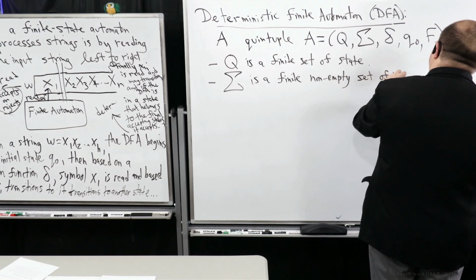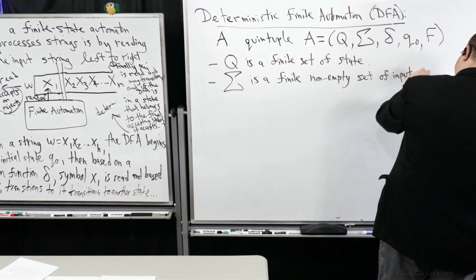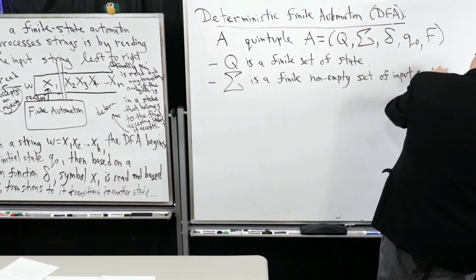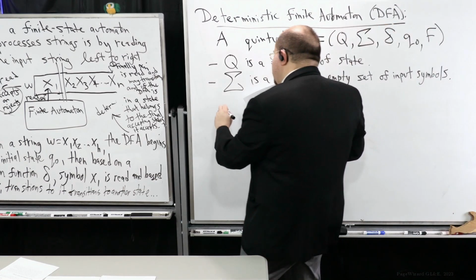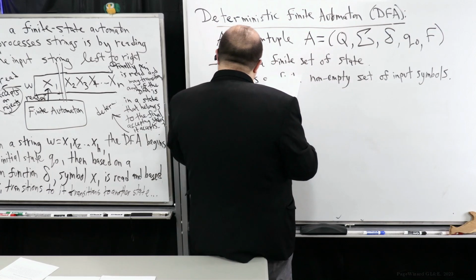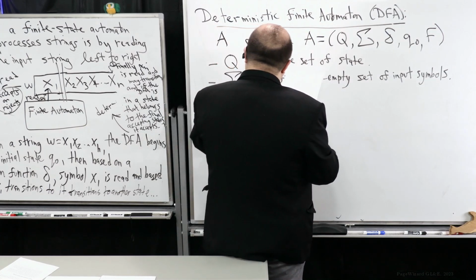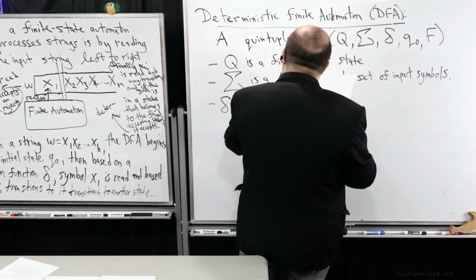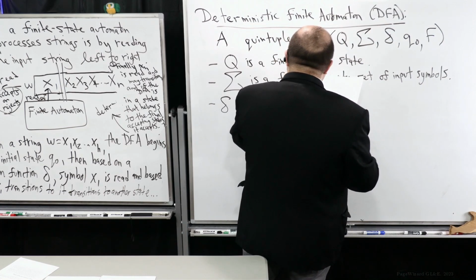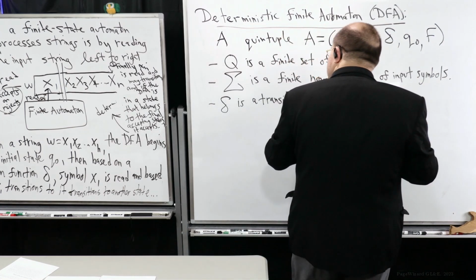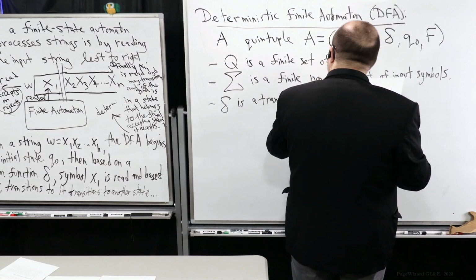So notice that we're talking now about input symbols, and it will remind you just of the definition of an alphabet, right? Next, we have delta is a transition function. This is going to be the tricky one for me to define for you. But once you get it, it's not too bad. Delta is a transition function.